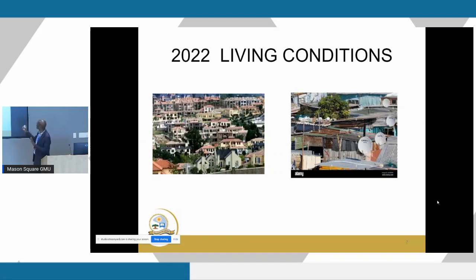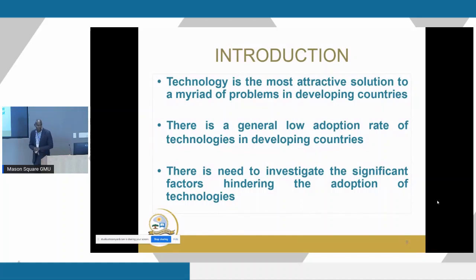So although people live in these conditions, there's a certain degree of use of technology, especially in entertainment. Which is very worrying to us, that people are more interested in entertainment than in other things. So we're trying to see how to move people from using this just for entertainment to something more useful.